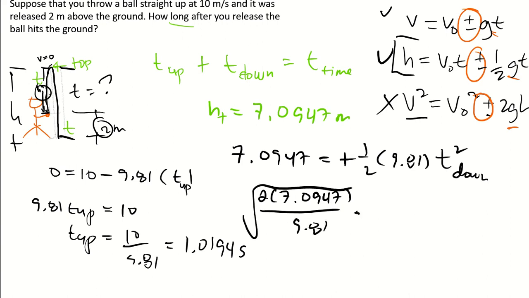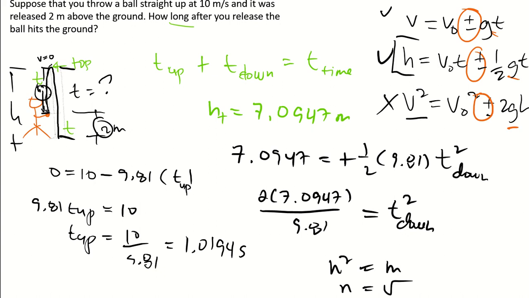Okay? So ito yung math ha. So equivalent to t down squared. Now, sa mathematics, always remember that n raised to squared is equals to m, this will become n is equals to square root of m. Okay? So, remember that. So, yung 2 na yan ay magiging square root, tapos mawawala na yung 2 dito.